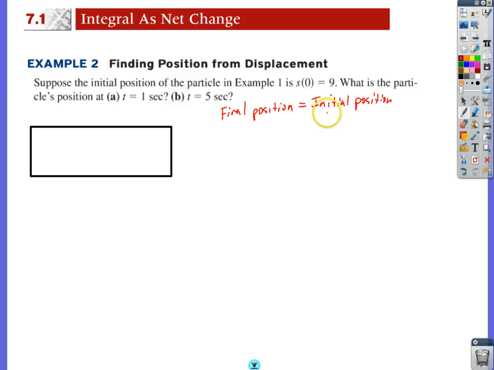An initial position is when t is equal to 0, or whenever t is equal to the beginning of the interval I want. And I take my initial position and add in what's called displacement.